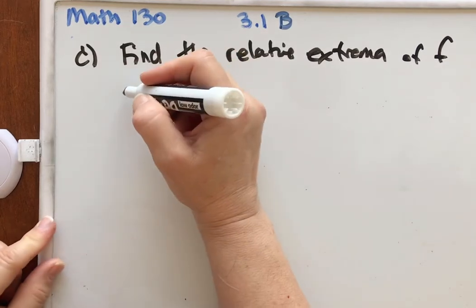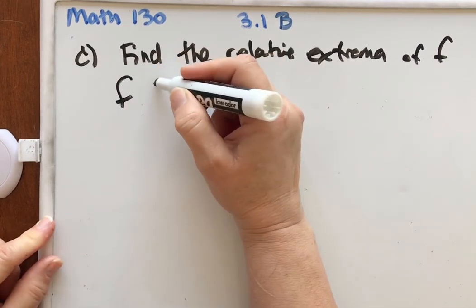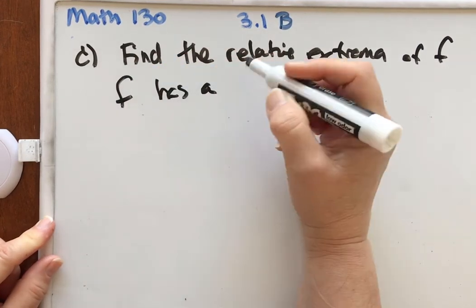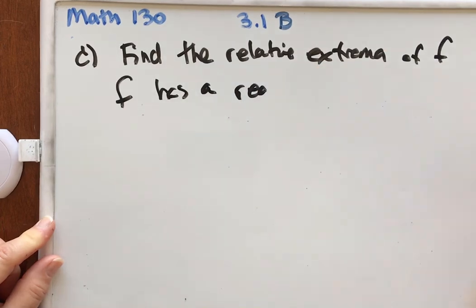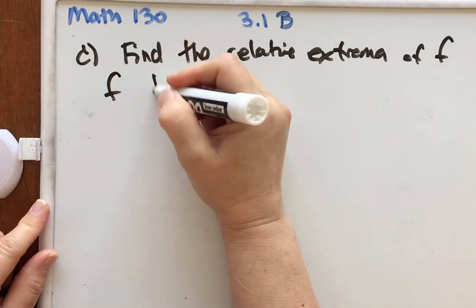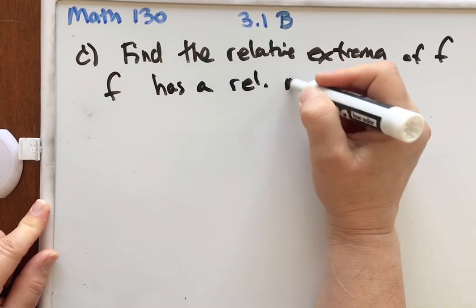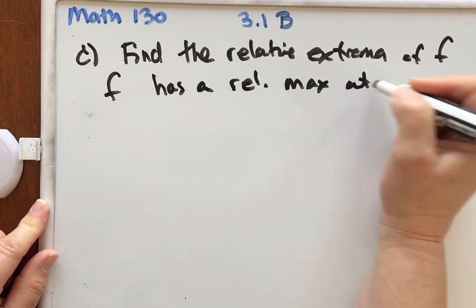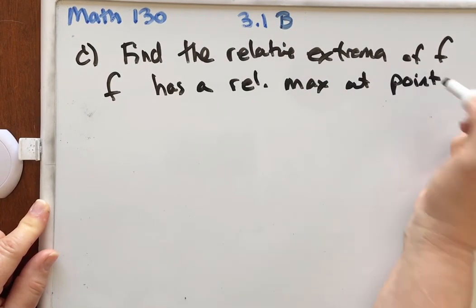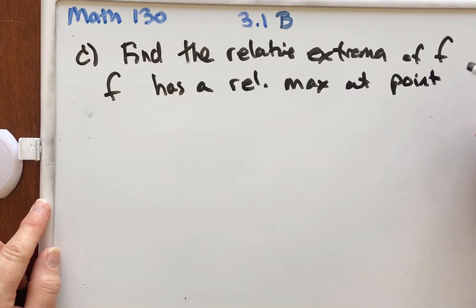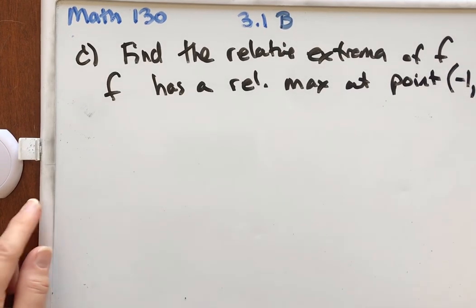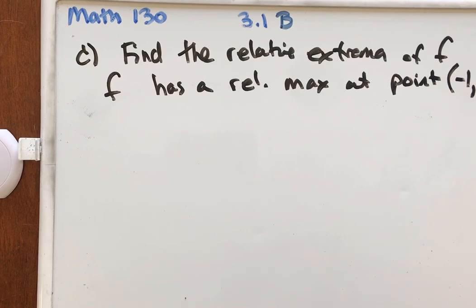Okay, I guess we could word it, f has a relative max at point. What would the point be? We know our x is -1, but we don't know what the y is.